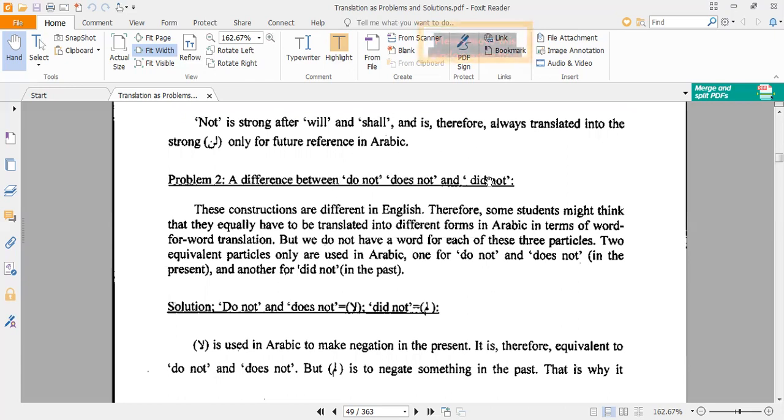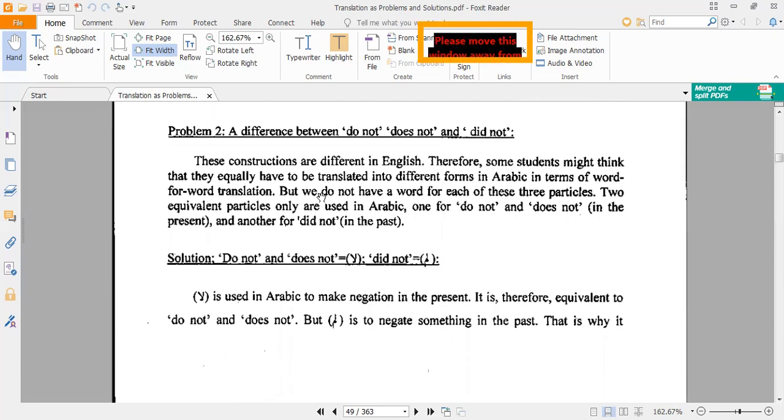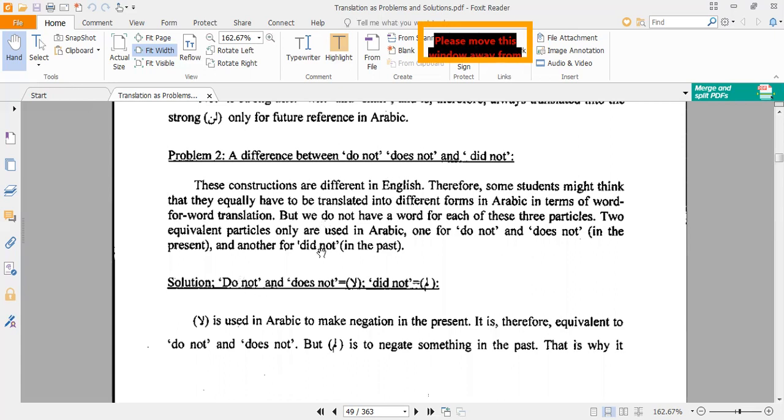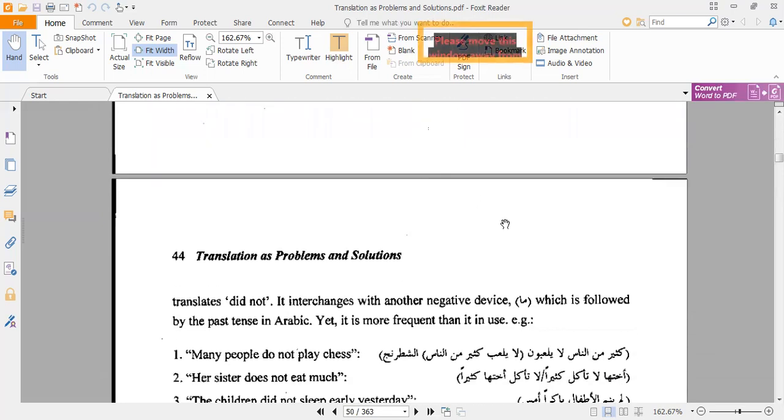But didn't is used to negate the past simple, singular and plural, both of them. So actually, don't and doesn't are rendered as la, while didn't is rendered as lam or ma. يعني في البريزنت سيمبل don't و doesn't الاتنين أنا بترجمهم لا, but didn't is rendered as lam or possibly as ma.